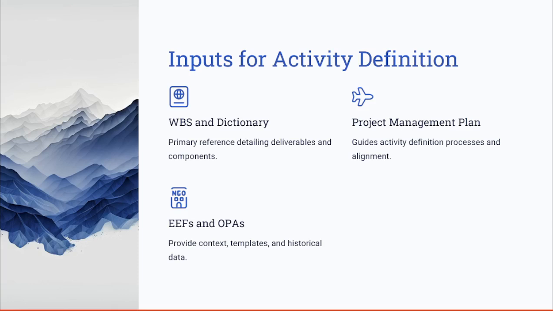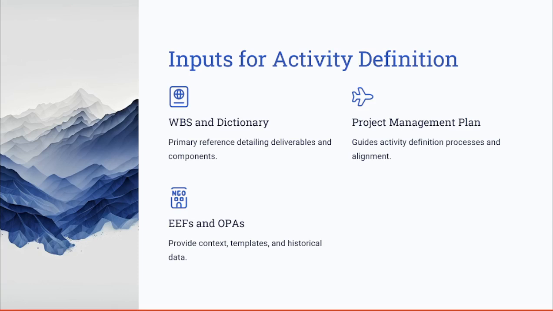To review the inputs for defining the activities, as one of the key processes involved in the schedule management plan: inputs are the starting point for activity definition. The WBS and its dictionary serve as the primary reference, detailing all of the deliverables and their components.